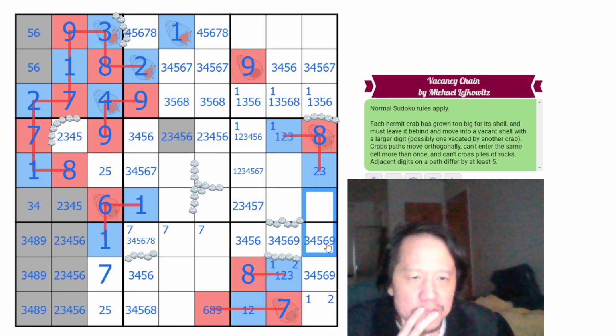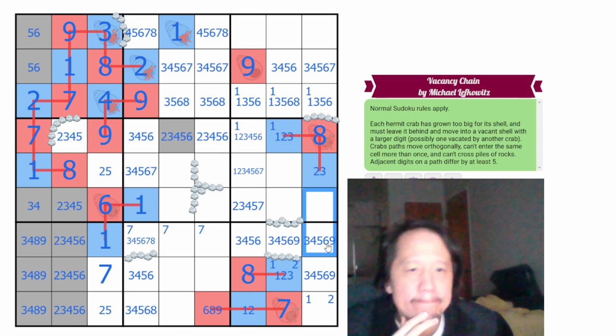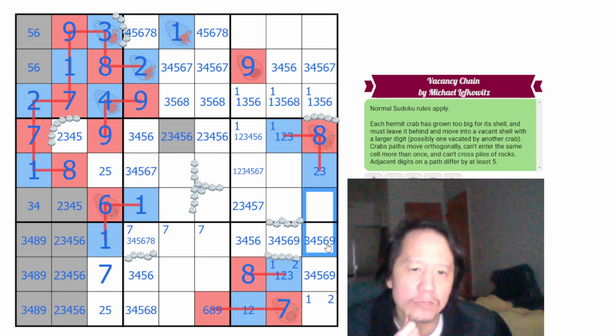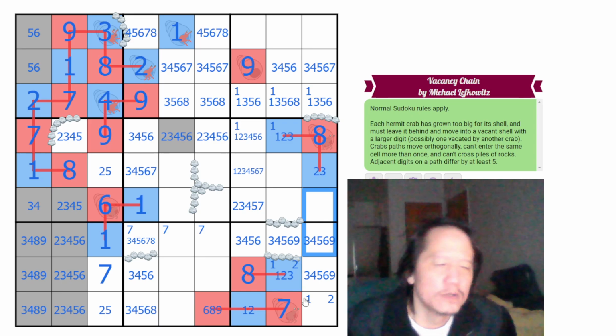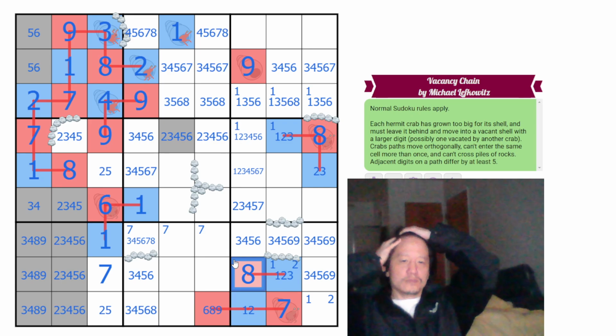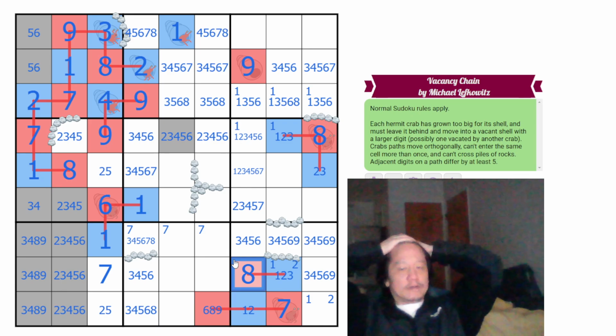Interesting. Where is the 6 crab walking to?